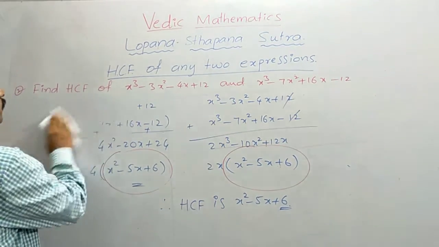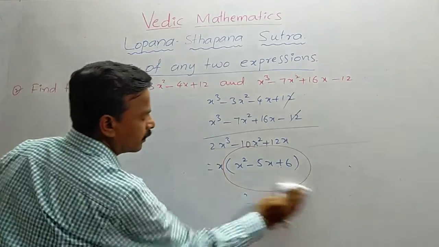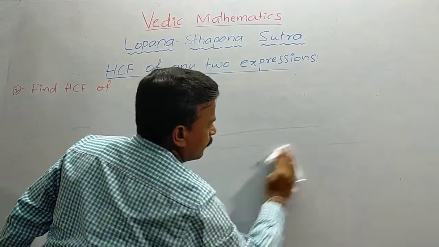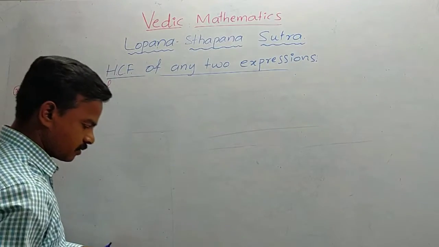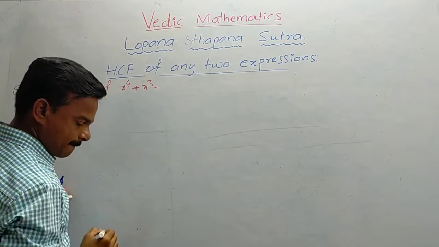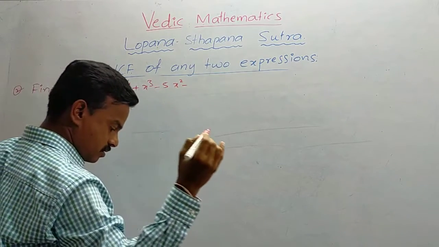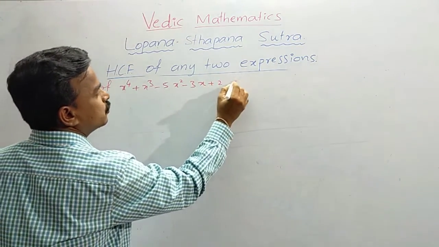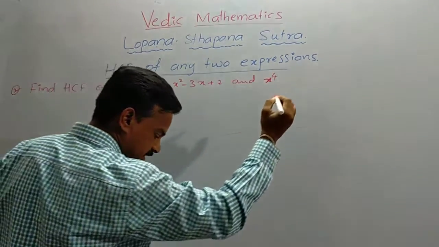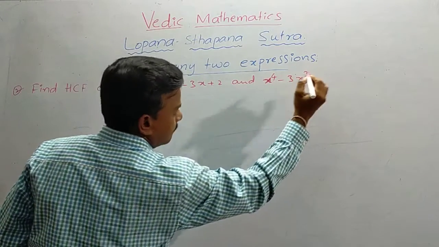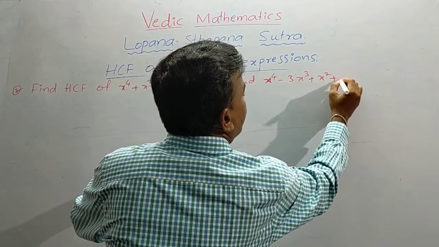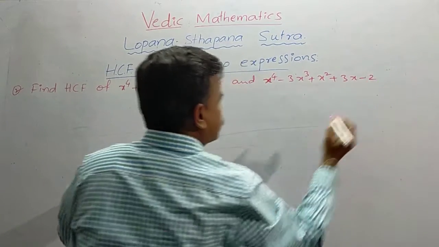One more example. We take one more example. x to the power of 4 plus x cube minus 5x square minus 3x plus 2 and x to the power of 4 minus 3x cube plus x square plus 3x minus 2.